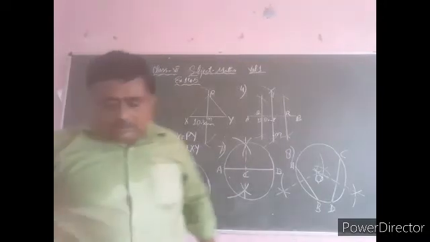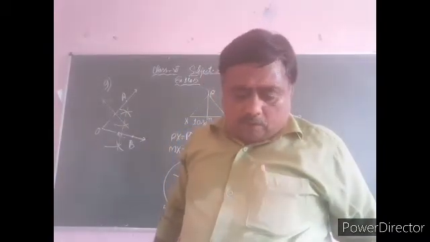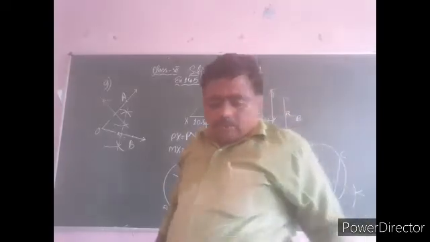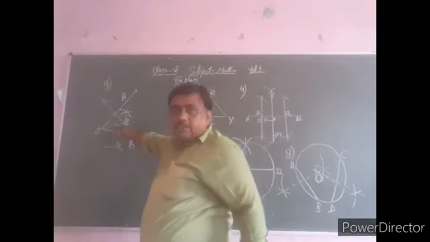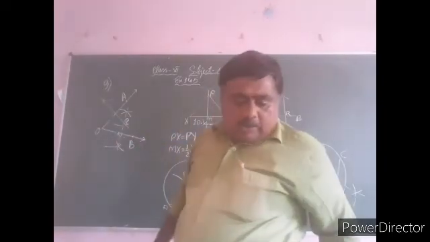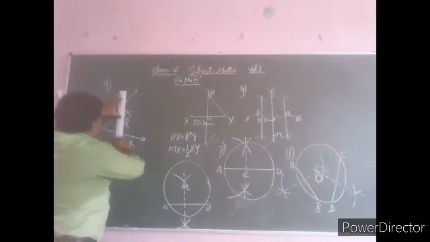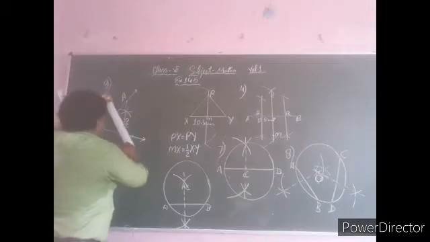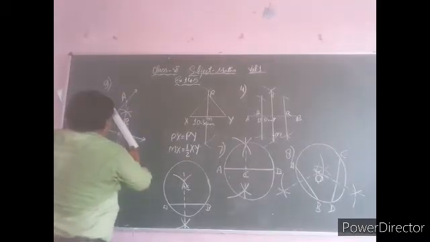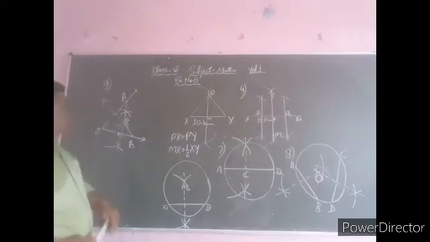Now here it is said, draw the perpendicular bisectors of OA and OB, let them meet at P. This point is P. Is PA equal to PB? Yes, PA will be equal to PB.